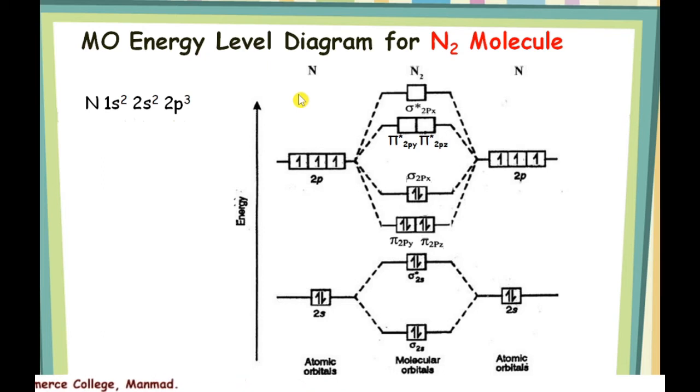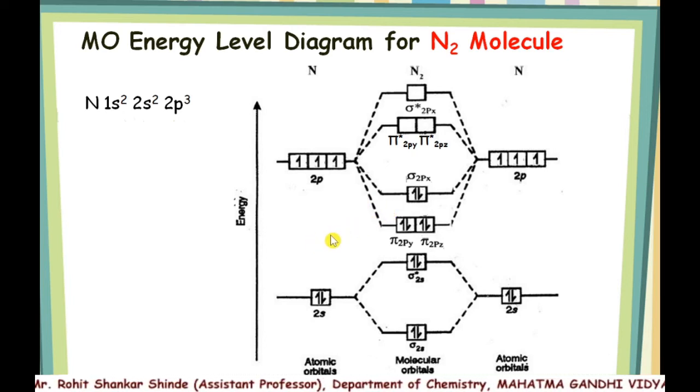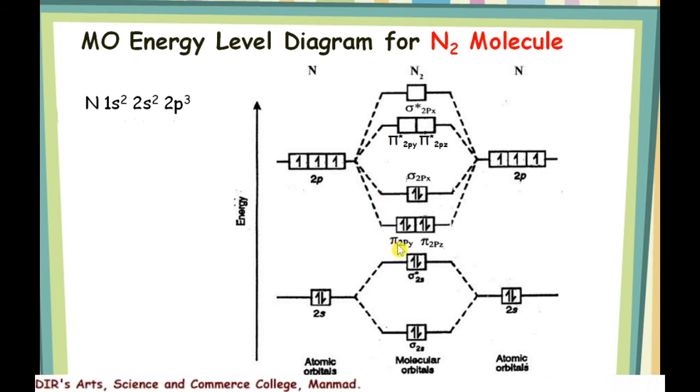If less than or equal to 14 electrons are present in a molecule, then the sequence of energy levels of molecular orbitals is as shown in this diagram. In this molecular orbital diagram, sp interaction takes place, and hence sigma 2px has higher energy than the degenerate molecular orbitals, that is pi 2py and pi 2pz.